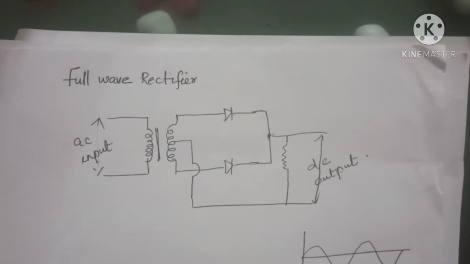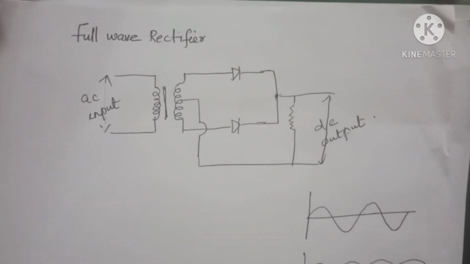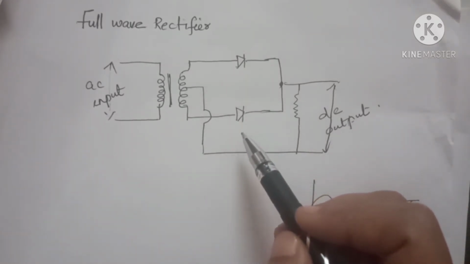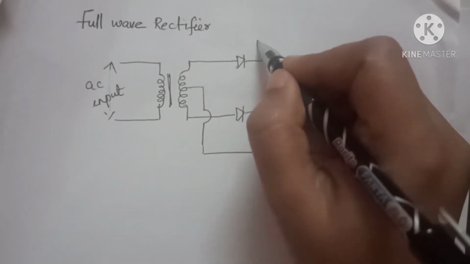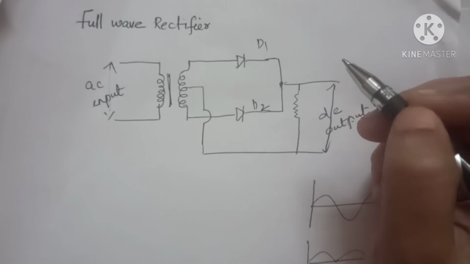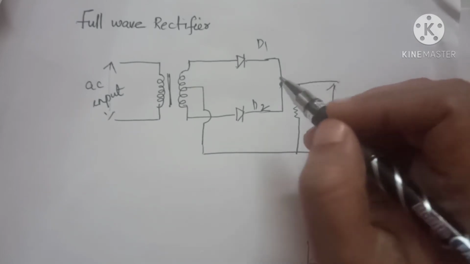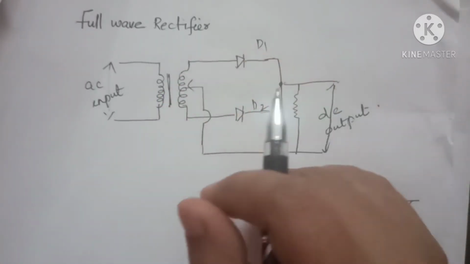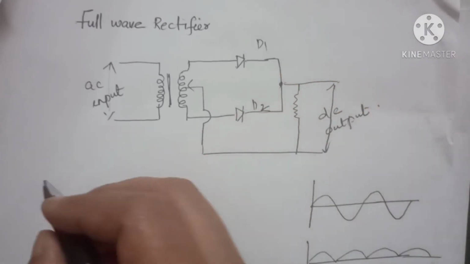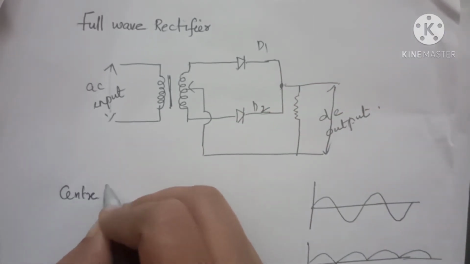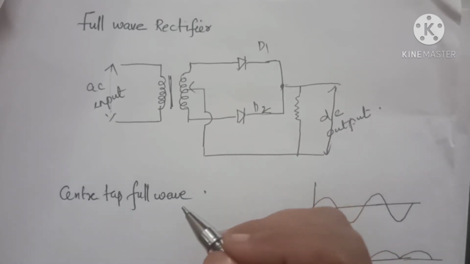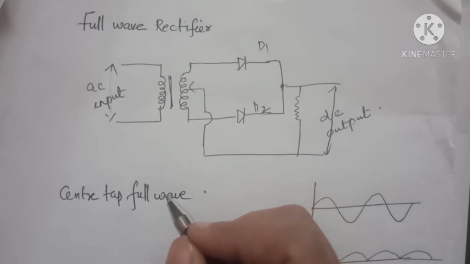Now what about the circuit details? When we compare this circuit with the first one, the half wave rectifier, you can see that in addition, one more diode is added, isn't it? So two diodes are there, D1 and D2. This type of connection or this type of rectifier is known as the center tap full wave rectifier.